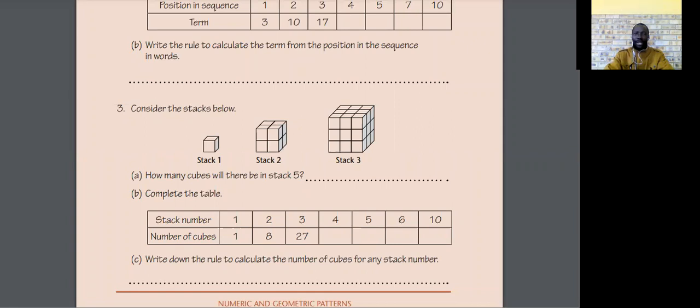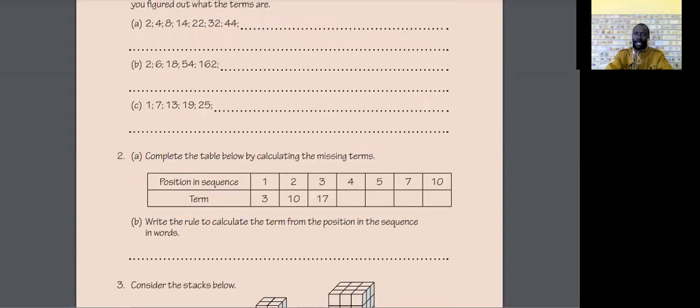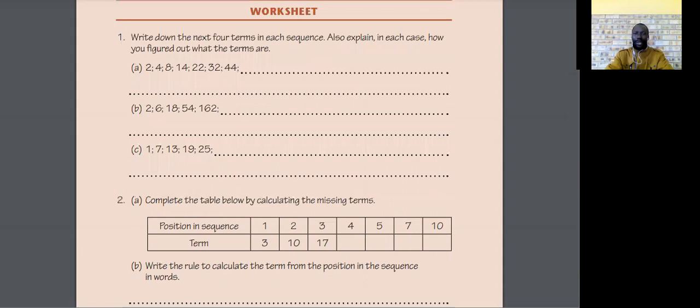And when you are done with it, submit your work as an assignment. By the end of the lesson, just take pictures of your questions and your answers, and you upload them, then I will be checking them right away. So again I say this is part of your final exam.